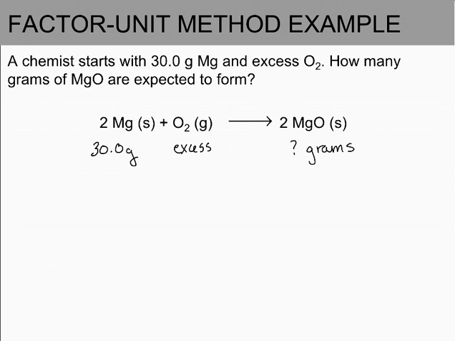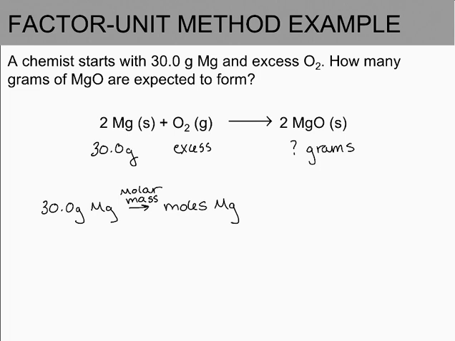All right, so our plan of attack: we're going to start with the 30 grams of magnesium. The first step will always be to convert to moles if you have grams, so we're going to need the molar mass of magnesium, which we can just look up on the periodic table.